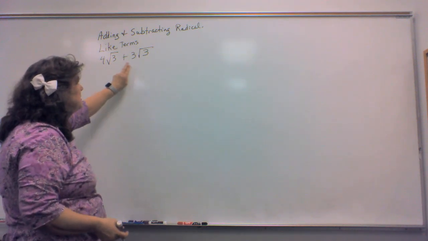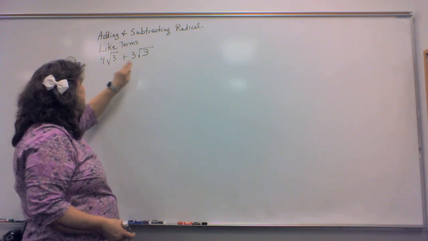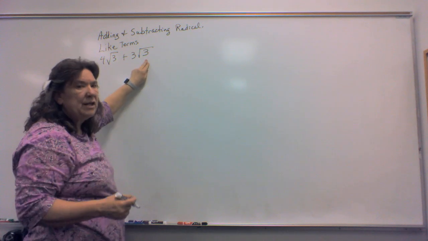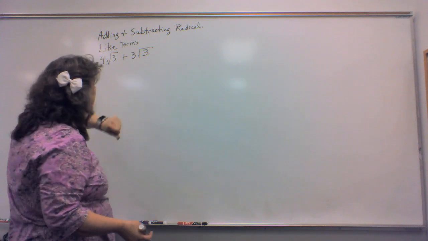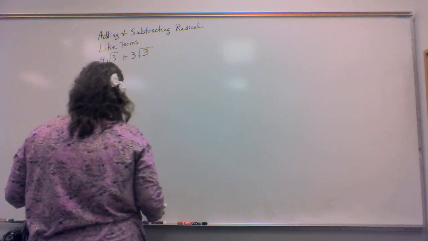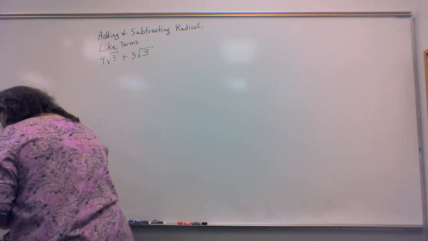So this has to be the same as this. If these are not the same, they are not like terms and you cannot combine them, okay? So that's an important thing to know when we're doing adding and subtracting. Okay, so let's look at this.